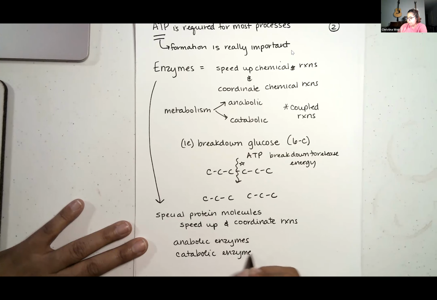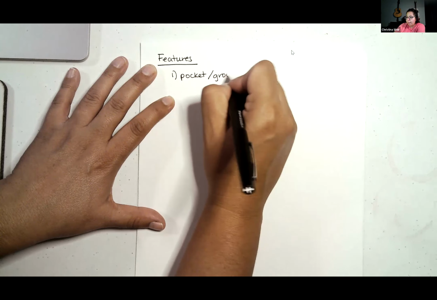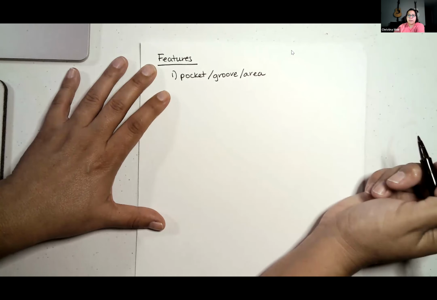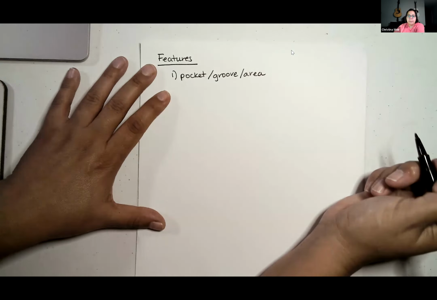So let's talk about some features of enzymes. When you look at an actual enzyme, they have a special pocket, or you can call it a groove, or a little area where the chemical reaction takes place.